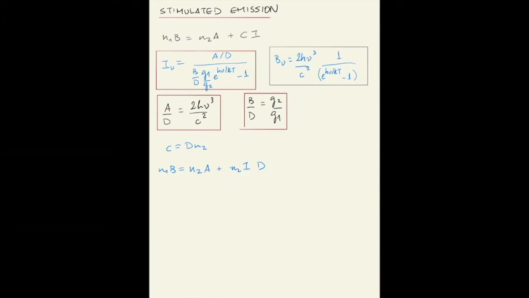Now, because this is proportional to the intensity, it looks like it is an absorption process. However, it is also proportional to the number of atoms that are in the level 2. Since we assumed only 2 levels, and the level 2 is the most energetic, this process cannot be absorption.